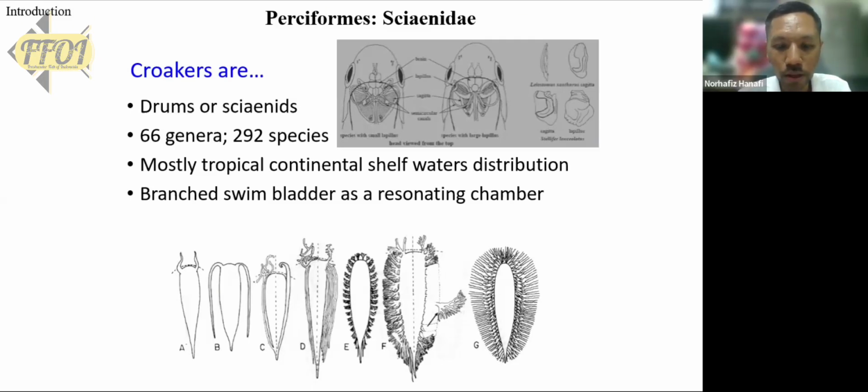When they want to spawn, the male and the female will emit sound. So the sound is very specific to every species. This is very important for understanding the species, because it is connected with each species. So it's quite interesting to study croakers, because it's also linked to the sagitta or otolith in the head.